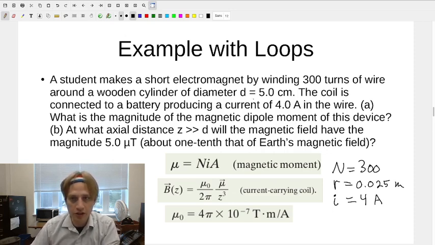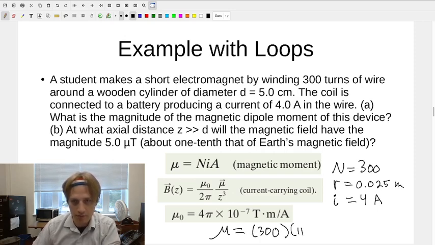The first question it asks is, what is the magnitude of the magnetic dipole moment of this device? Well, you can just multiply these together and easily get the answer. It would be 300 times pi r squared for the area.